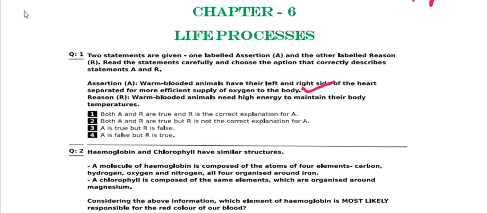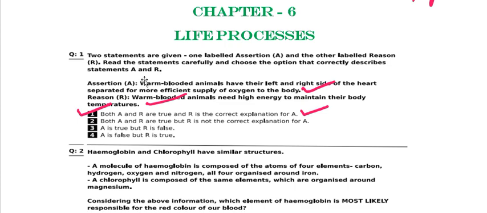Reason: warm-blooded animals need high energy to maintain their body temperatures. What would be the answer of this one? I go with option 1. Both assertion and reason are true, and R is the correct explanation of A. So the option would be 1.